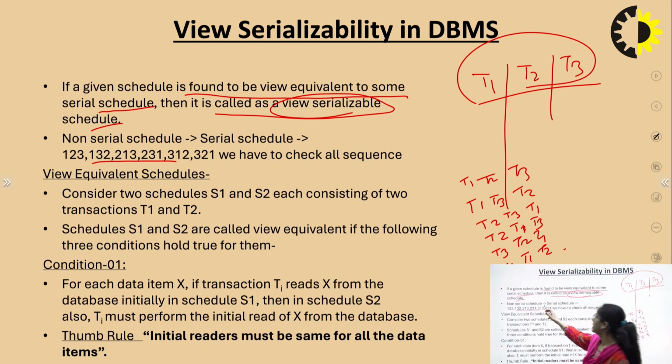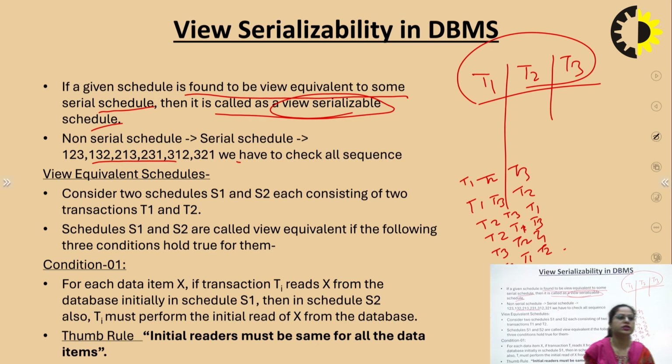A non-serial schedule is equivalent to a serial schedule, which we check through these possibilities like 123, 132, 213. These are the sequences we have to see for checking a view serializable schedule. We have to check all the sequences.